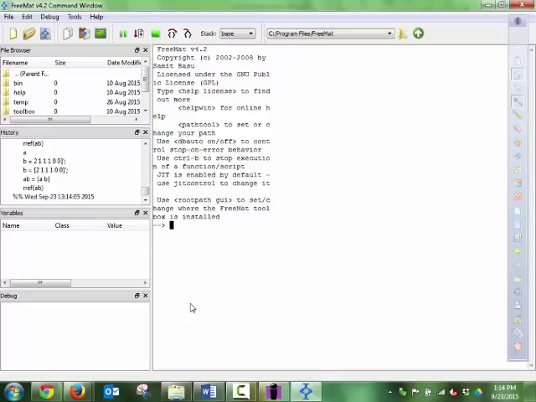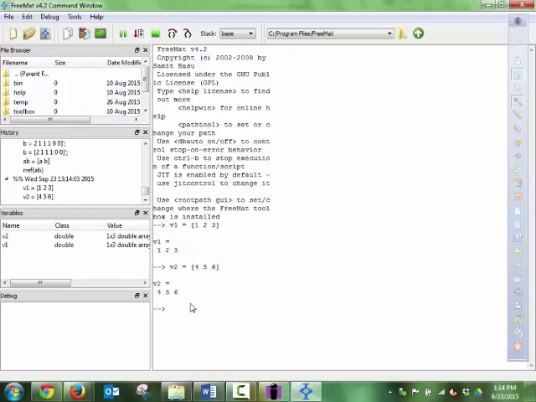We can create a matrix in several ways. I talked about stacking up vectors. Let's make up a couple of vectors. V1 equals 1, 2, 3. V2 equals 4, 5, 6.